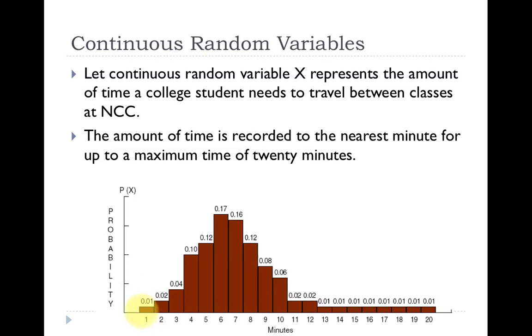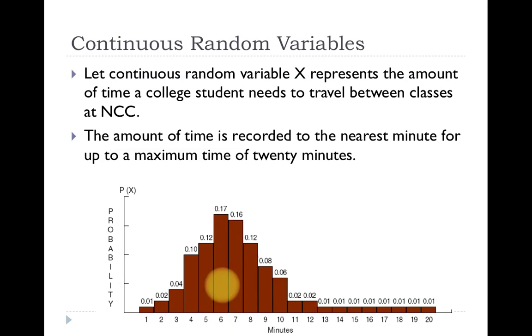And the height of each rectangle represents the proportion of students that took that amount of time. So 0.01 is basically the probability or the proportion of students who took 1 minute to get to class. 0.02 is the probability or the proportion of students that took 2 minutes to get to class. 0.04 is the probability or the proportion of students for which it took 3 minutes to get to class.